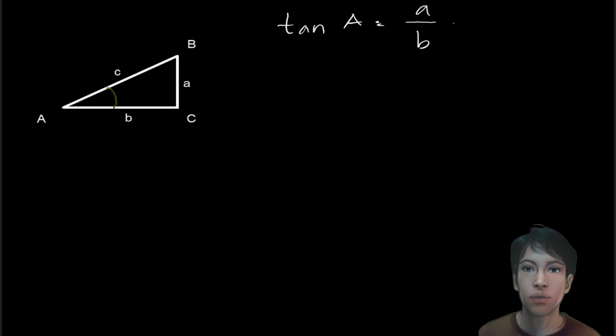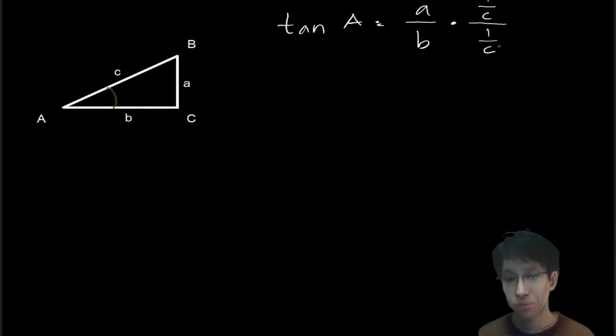If I were to multiply this by 1 over C divided by 1 over C, am I changing anything? Of course not. 1 over C divided by 1 over C is 1. So if I multiply 1 to A over B, I'm not changing anything.